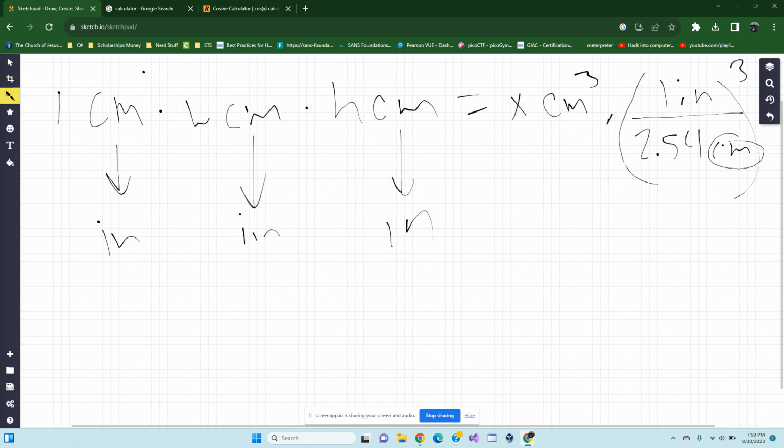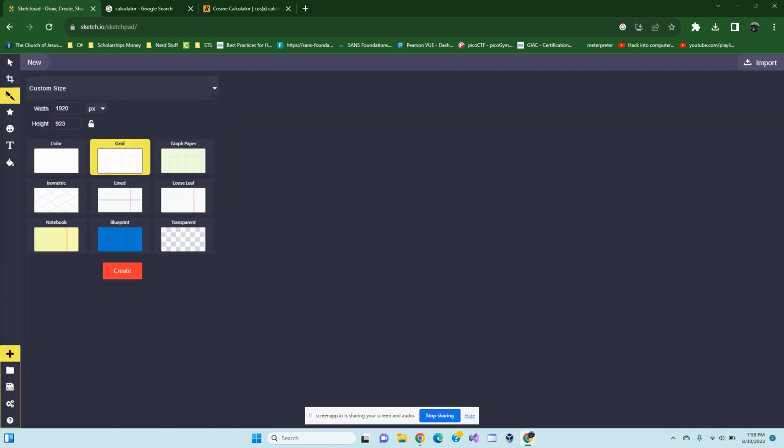But if you do it before you multiply, while they just have 1 in the exponent, then it's the same conversion factor. But once you have centimeters cubed, you need to cube that. And that is all for the square cube law.